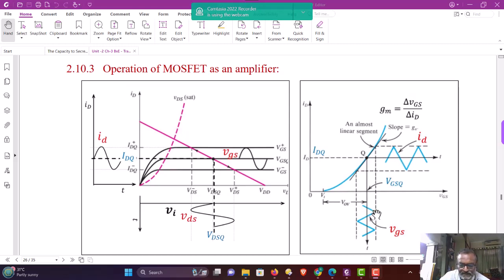So when VGS changes by way of a triangular wave shape, ID also takes a similar wave shape and is changing around IDQ.